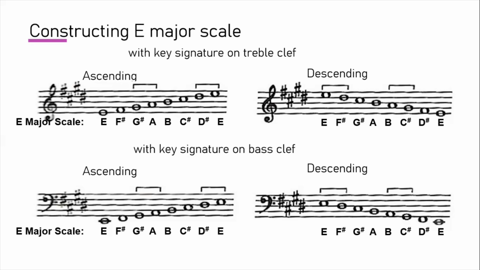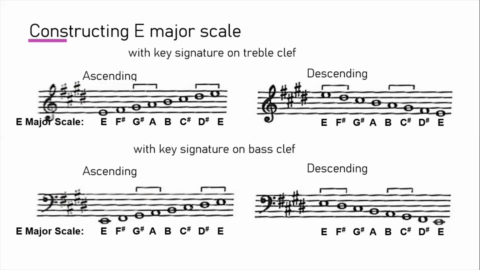We can see it with the key signature, 4 sharps, and our 4 sharps, as we said the other time, are on F sharp, G sharp, C sharp, and on D sharp. As well, when we are also descending, we have it the same way. So please let's get to understand it quite properly.